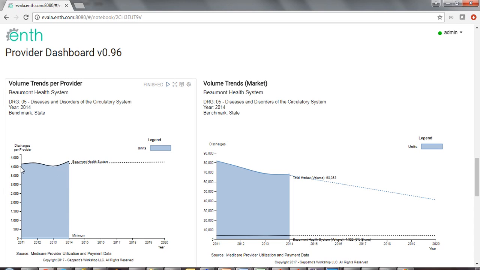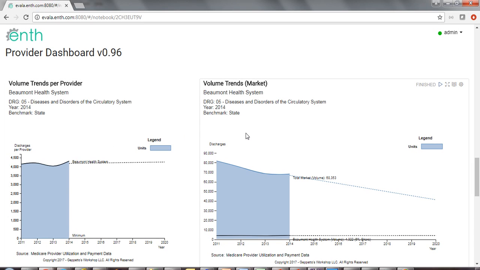So we can see that from 2011 to 2014, Beaumont's patients seen is pretty flat, floating between about 4,000 to about 4,300. So Enth has projected that that's going to stay pretty flat for Beaumont. And again, Beaumont is setting the curve because they're the number one provider all four of those years.